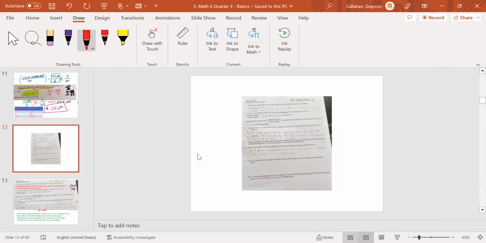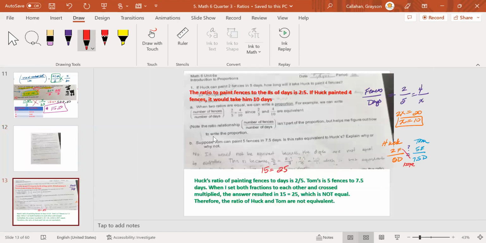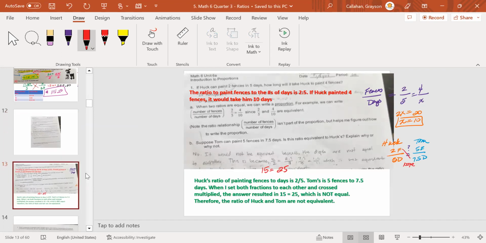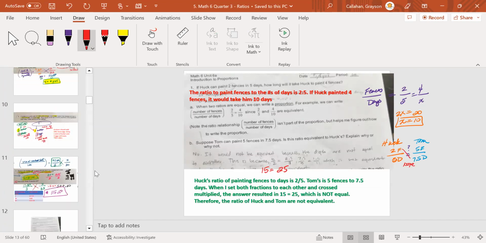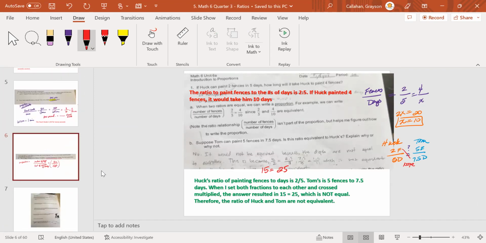Do you remember the language that she used for the proportion? I think it was just called proportion, maybe. Oh, ratio relationship. That's the word she used. Okay. So the ratio relationship.